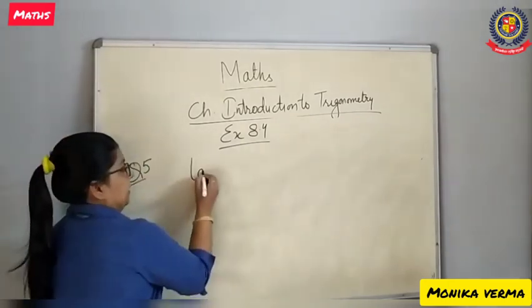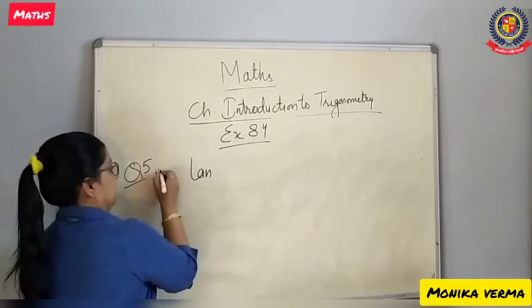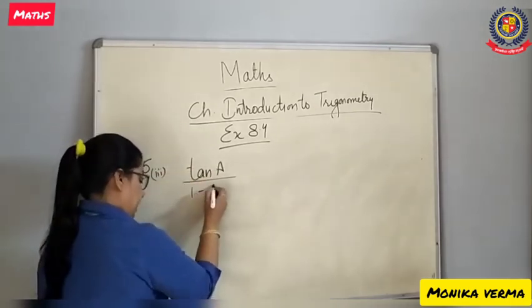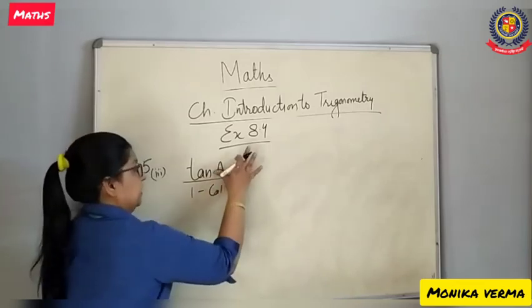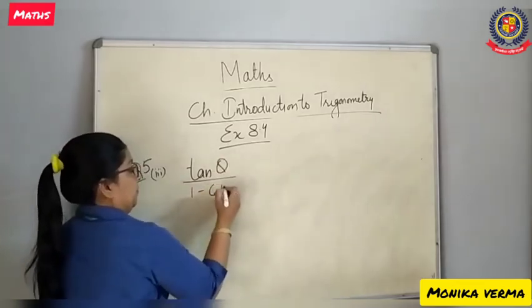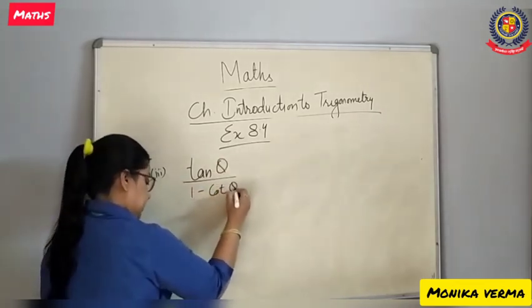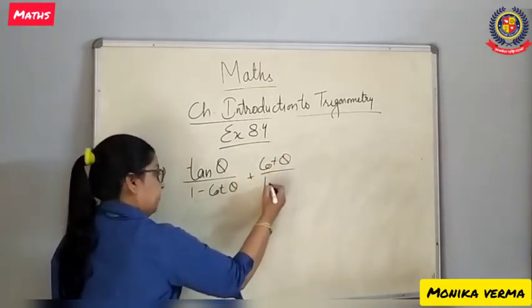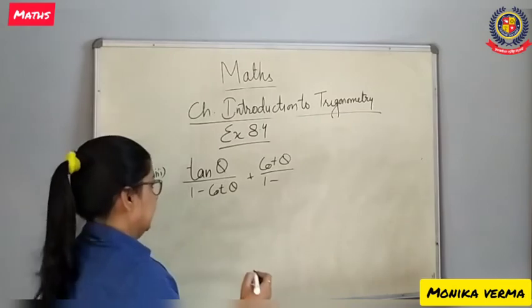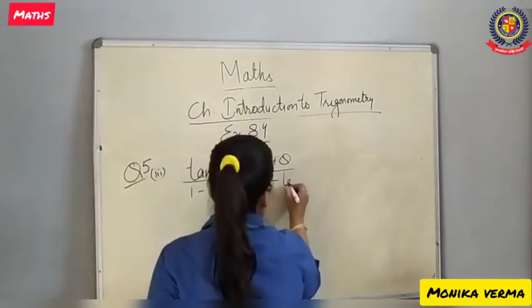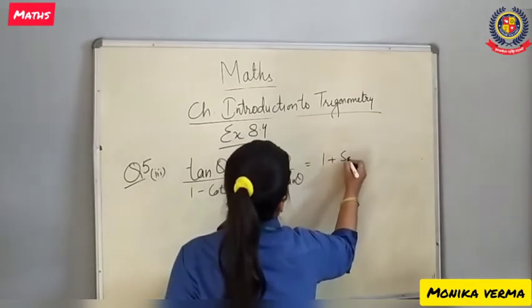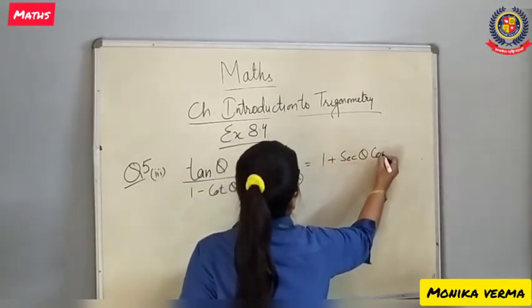It is tan theta upon 1 minus cot theta plus cot theta upon 1 minus tan theta is equal to 1 plus sec theta cosec theta.